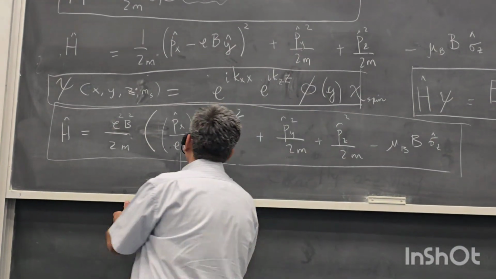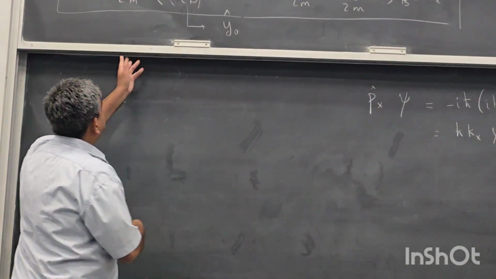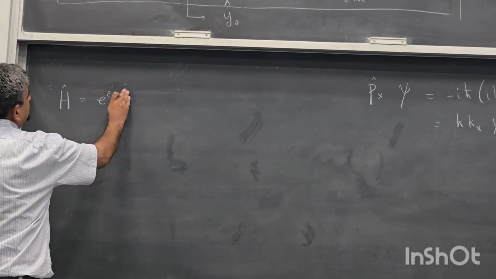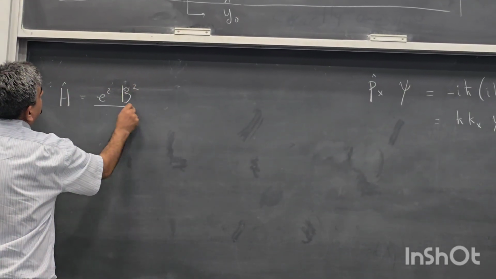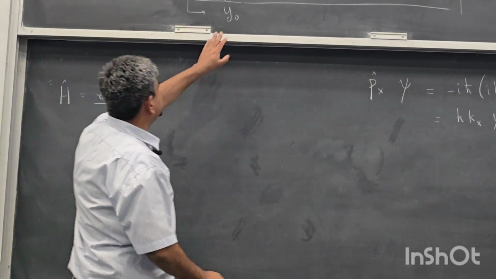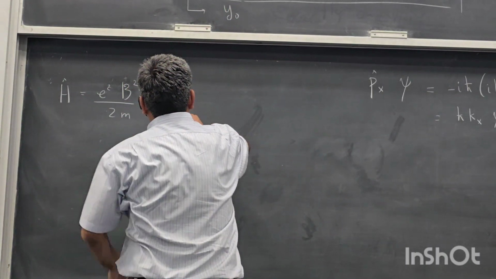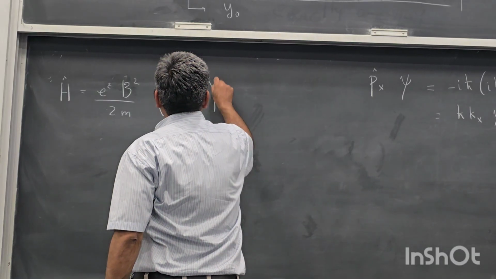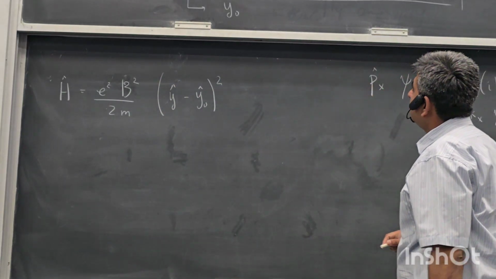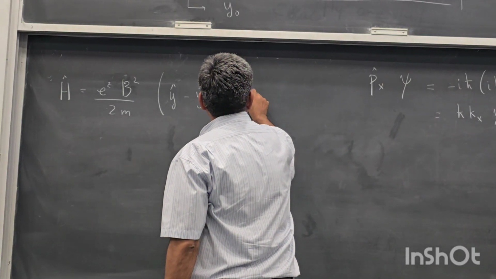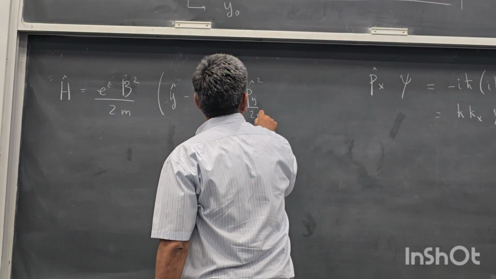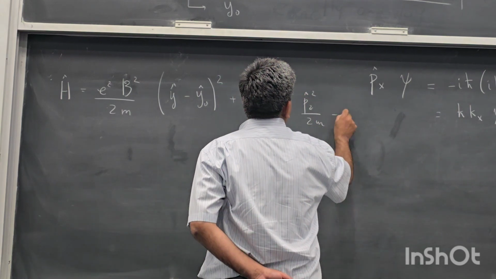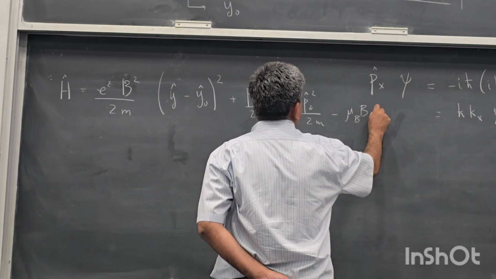Okay, so what I do in the next step is I write my Hamiltonian as H equals e square b square over 2m. Since this is a square, I can invert the signs, y minus y naught whole square, plus Py square over 2m plus Pz square over 2m minus mu b b sigma z.